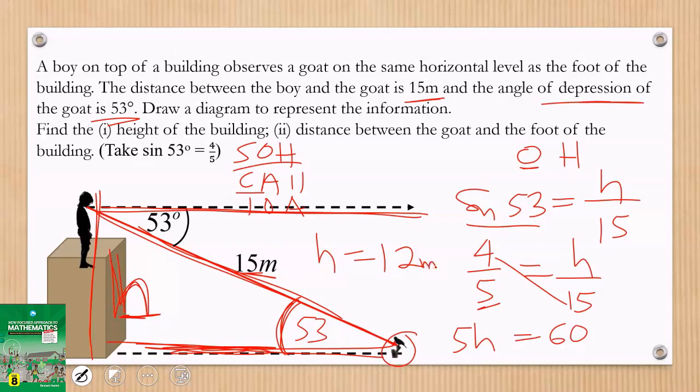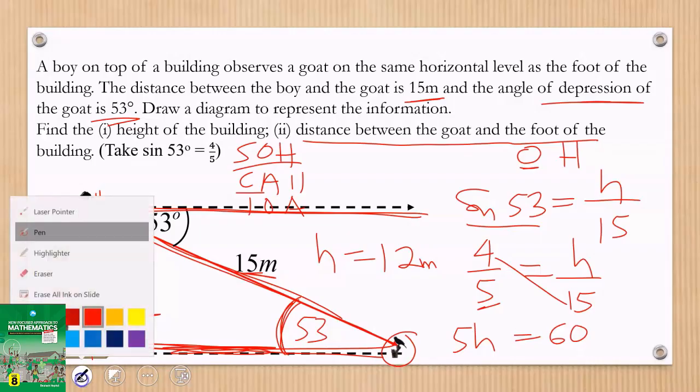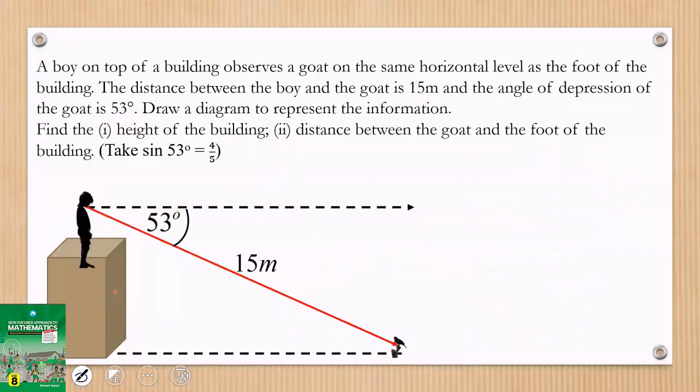Then we want to find the distance between the goat and the foot of the building. Okay, so let me clean this one. We want to find the whole distance, so let me call it D, from the foot of the building to where the object is. And once again, we know here is 53.